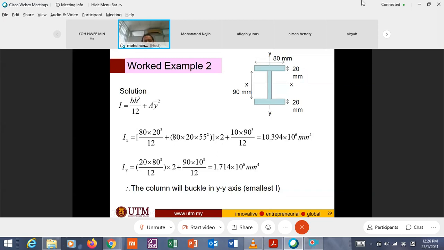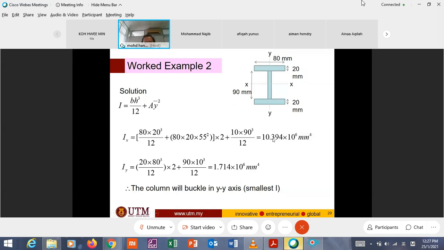Now Ix equal to 10.3 and Iy equal to 1.7. You see here the difference between Ix and Iy is about 6 times.